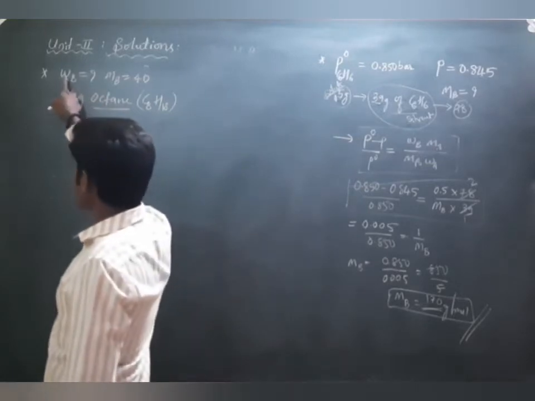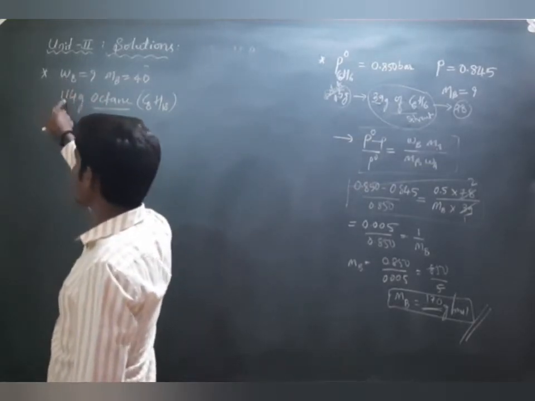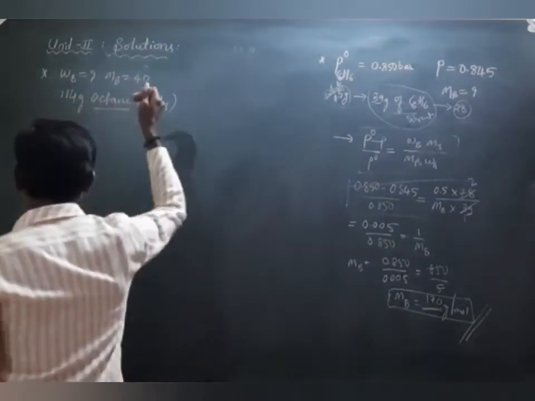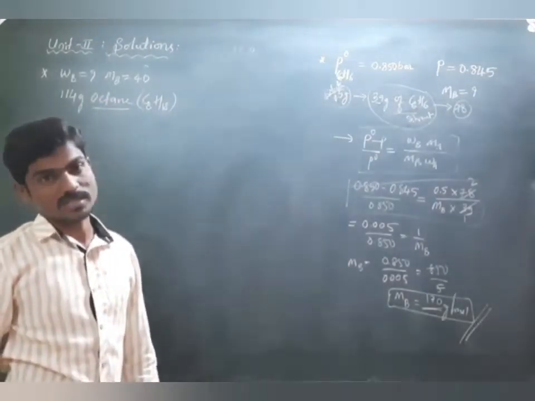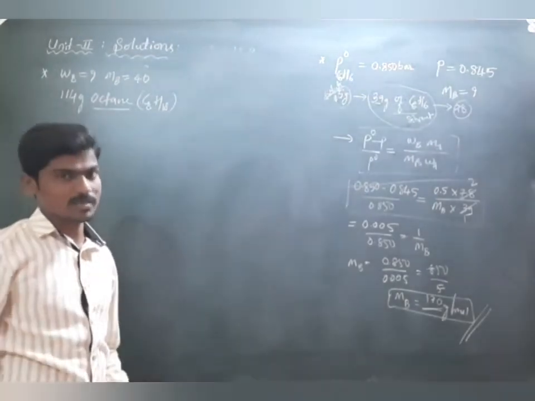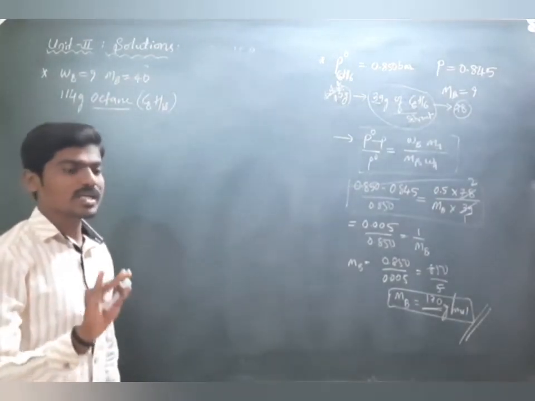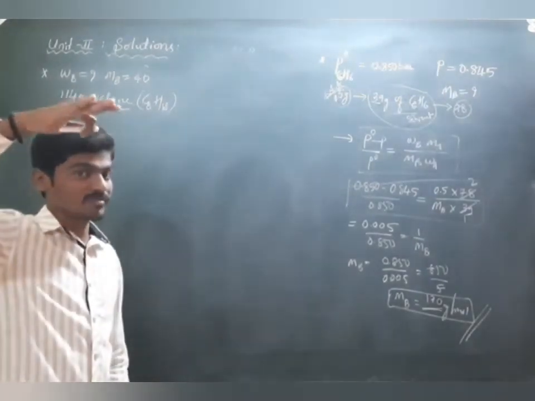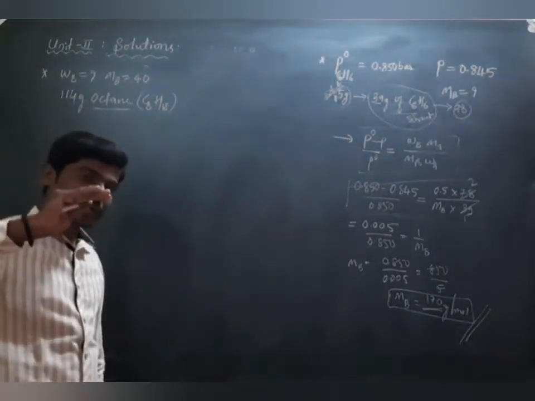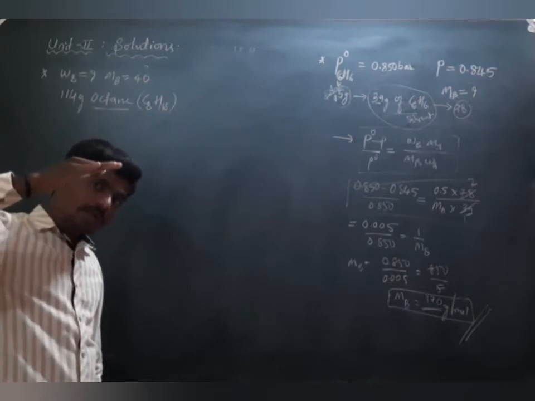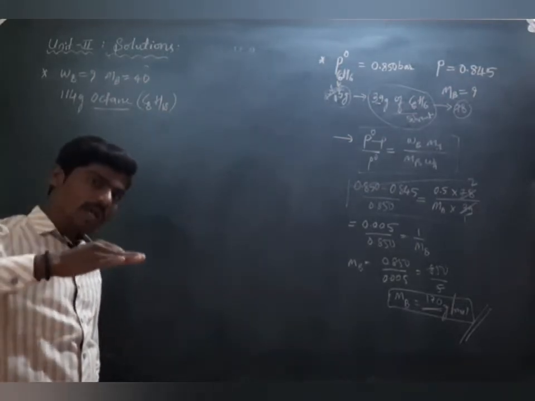So the mass of solute which should be dissolved in 114 gram of octane so as to reduce its vapor pressure to 80%. Percentage, that means nothing is given. So let us assume that the initial vapor pressure of solvent is 100. Now I want to reduce this vapor pressure to 80.